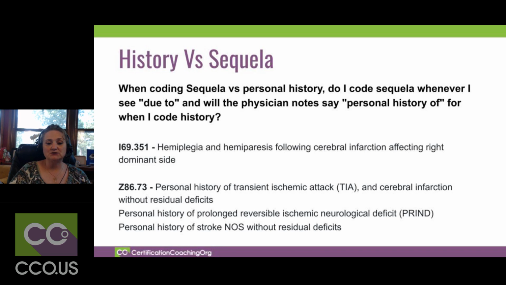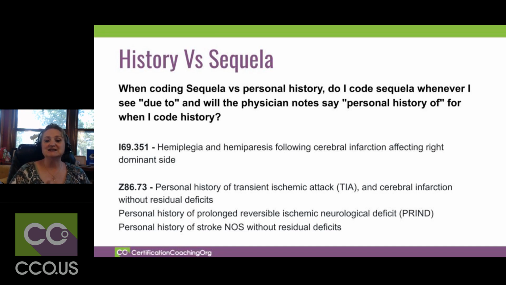And the sequela I picked was I69.351, hemiplegia or hemiparesis, so weakness, following the stroke, affecting the right side, which is dominant. Okay, and that's what those codes need to know, is which side is affected, and is that the patient's dominant side or not. So I picked right side weakness, and that right side is the dominant side for the patient.